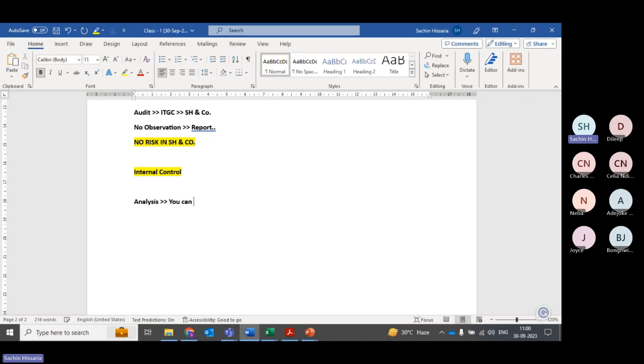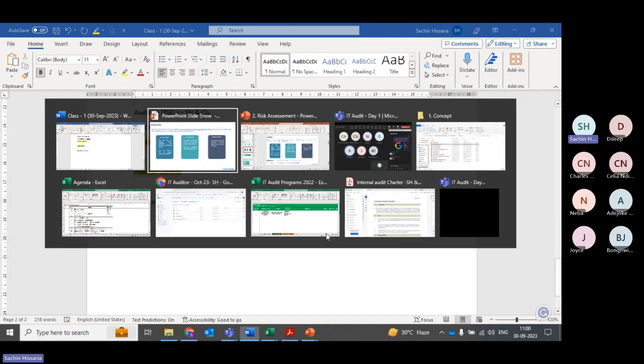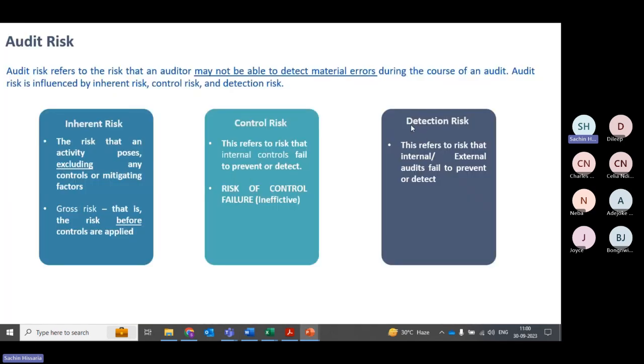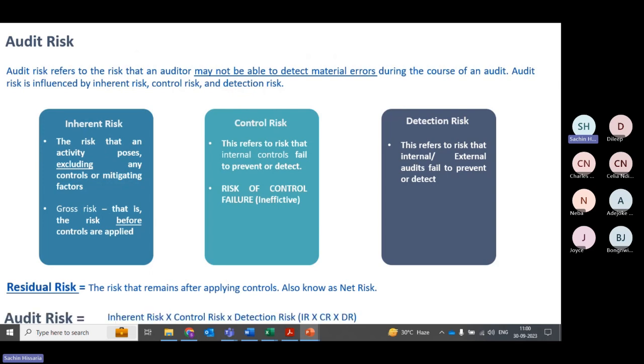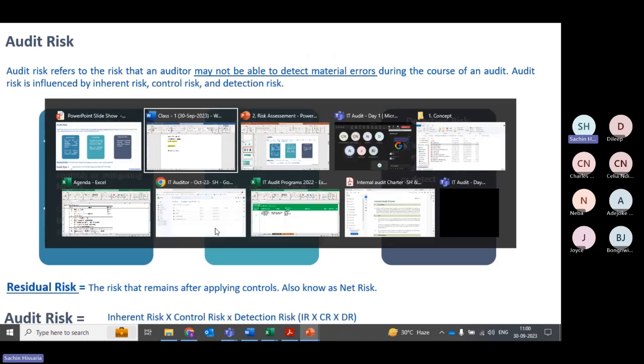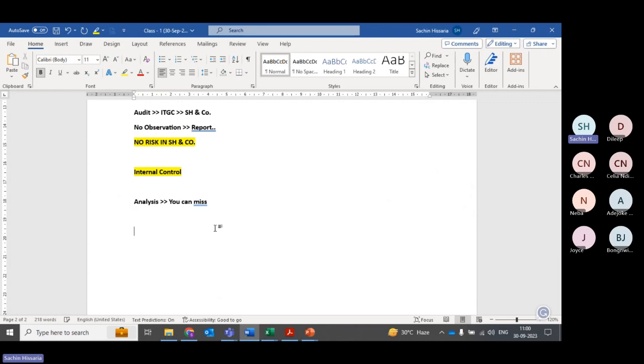So you can also miss some control verification, you can also make some errors. That error is known as a detection risk. The overall risk is calculated by the formula IR multiplied by CR multiplied by DR.